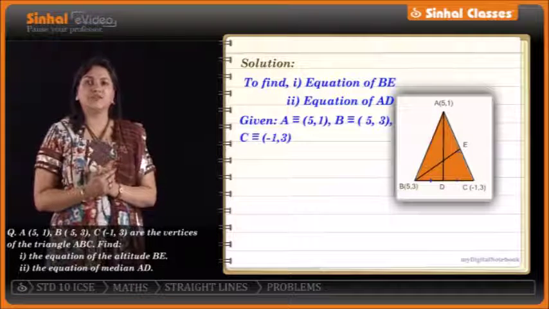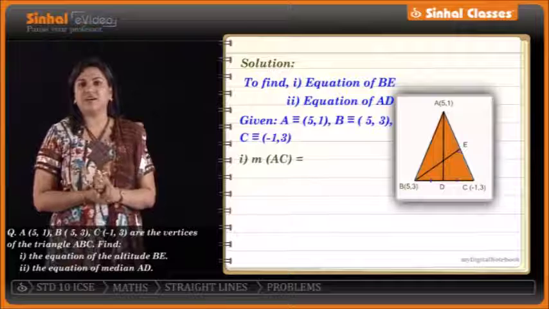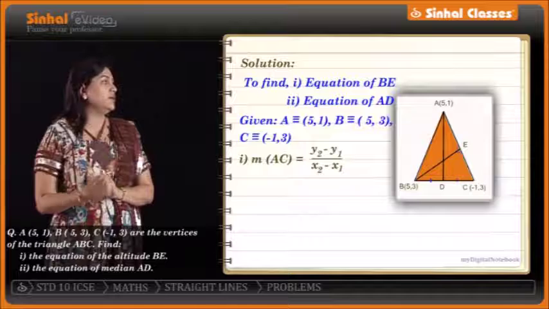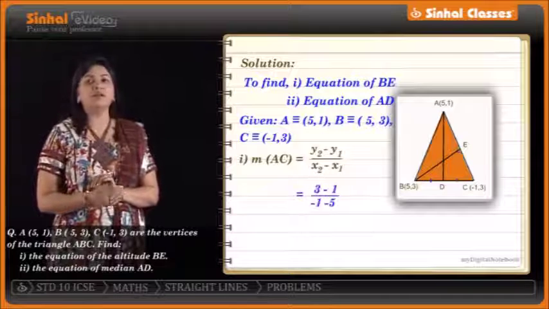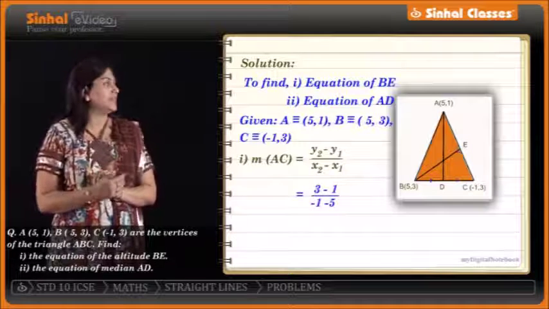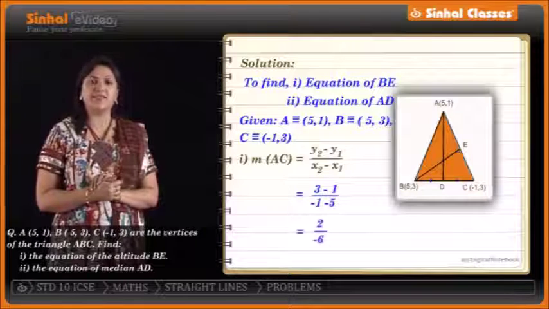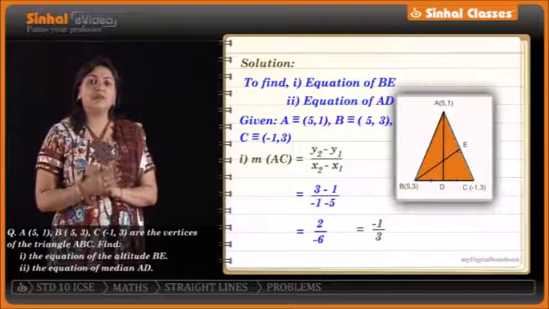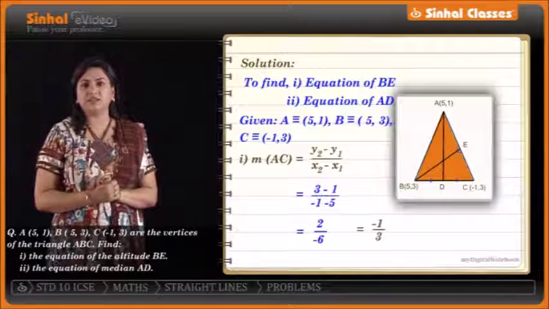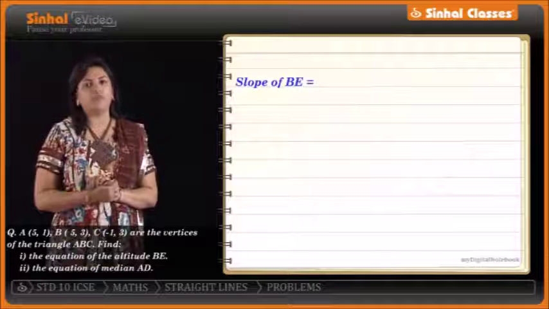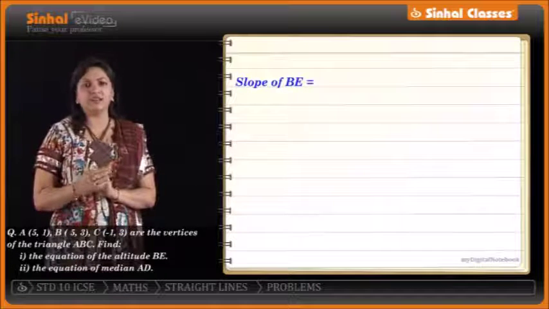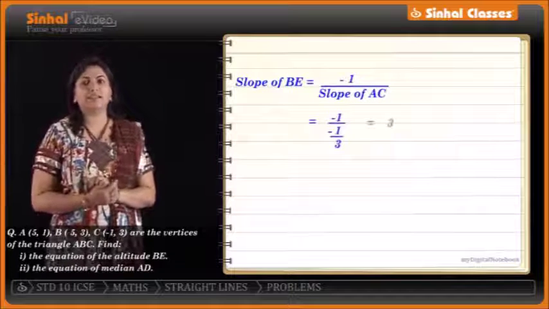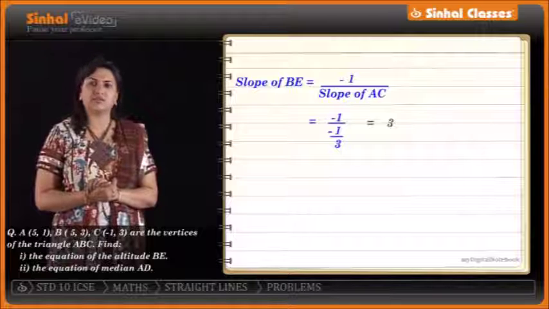We use the formula for slope y2 minus y1 upon x2 minus x1, which is equal to 3 minus 1 upon minus 1 minus 5, that is 2 upon minus 6, which is equal to minus 1 upon 3. Now BE is perpendicular to AC. So slope of BE is equal to minus 1 upon slope of AC. So we'll get 3. That is, slope of BE is 3.